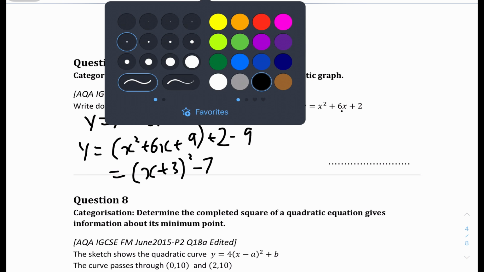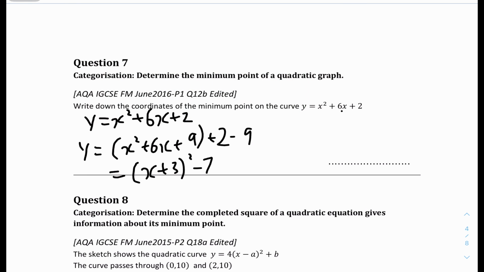So basically the maximum or the minimum point is this right here, minus a, b, which means minus a is minus 3 and b is minus 7. So that's the minimum point. So it'll be minus 3, minus 7.